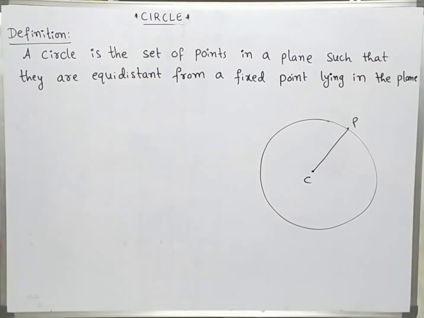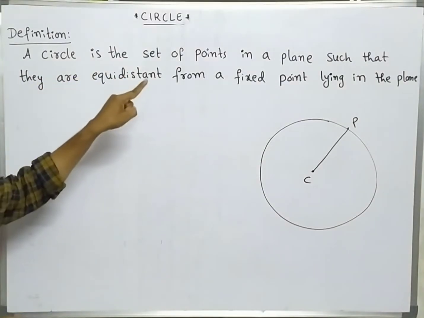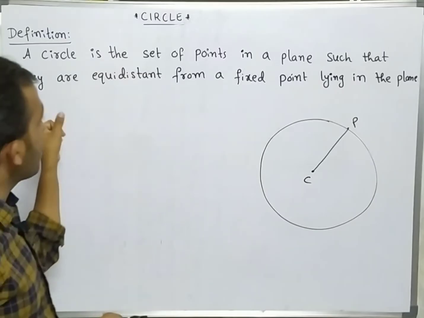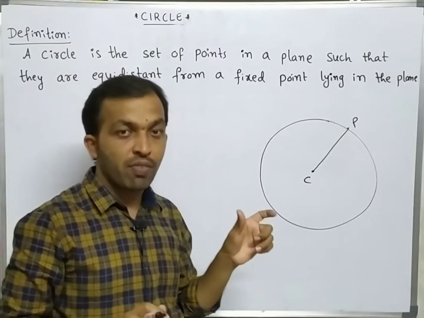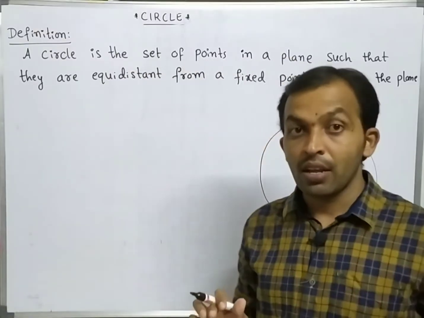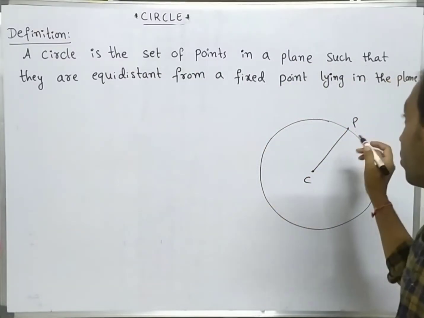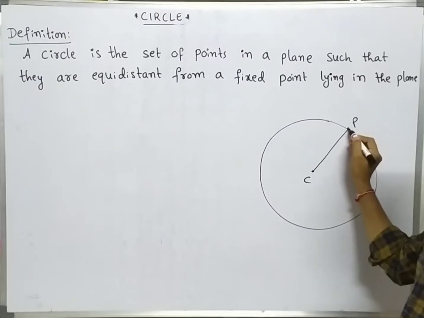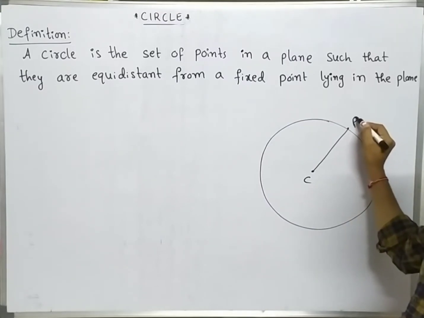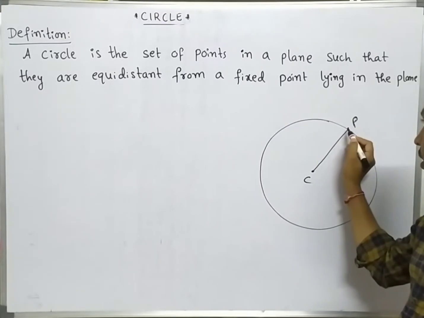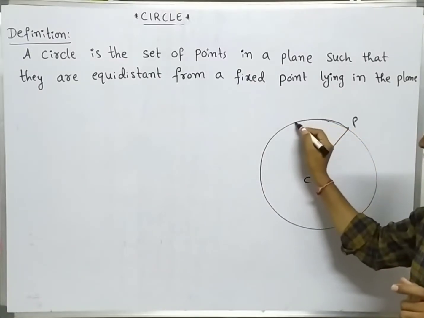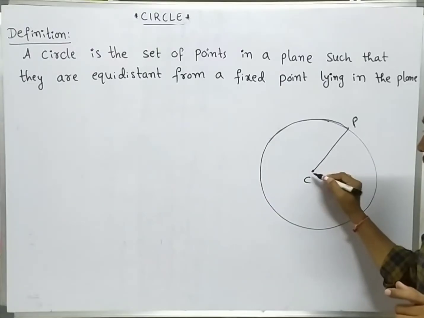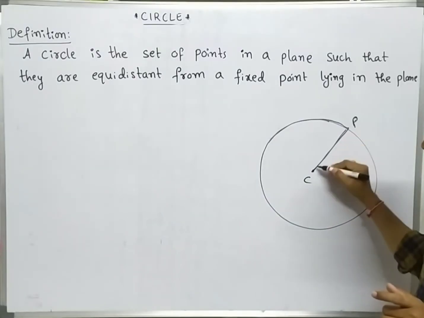The definition of the circle is: a circle is the set of points in a plane such that they are equidistant from a fixed point. The locus of the point P, this general point P, is moving in such a way that its distance from a fixed point is fixed.